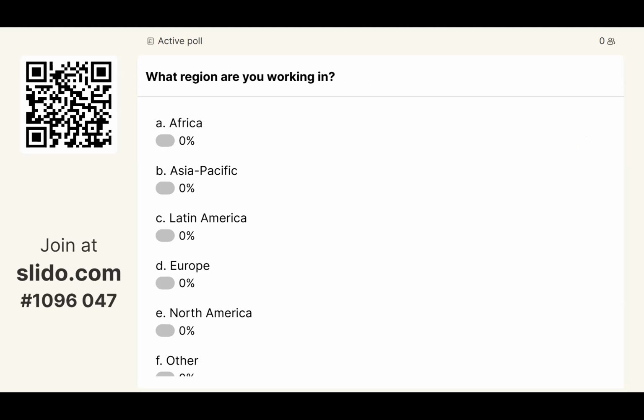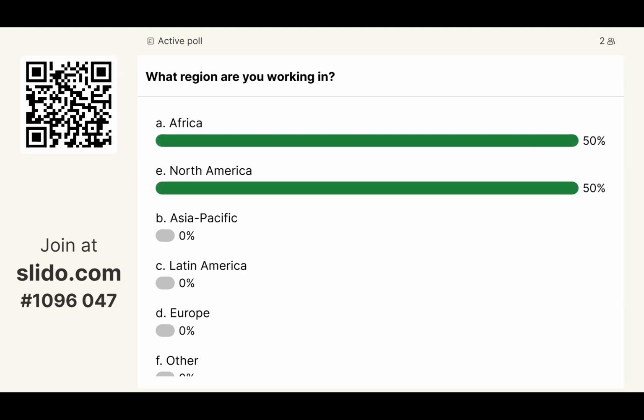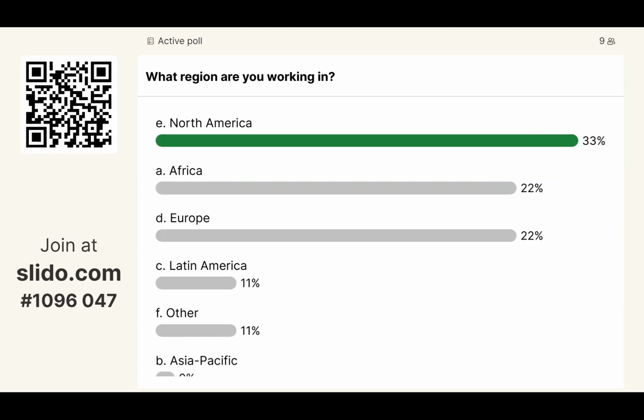What part of the world are you working in? And you can interpret this however you would like, if you're working in multiple places.